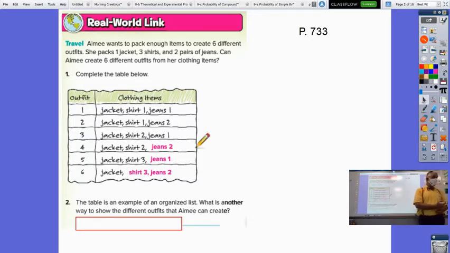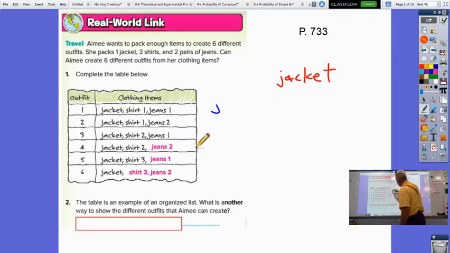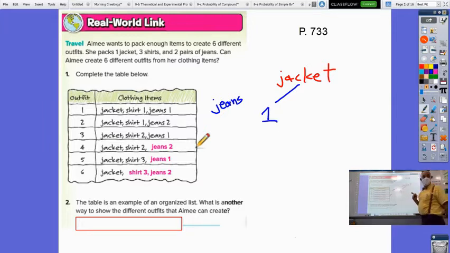doing a tree diagram. Okay, a tree diagram puts each level of choices. So first we have a jacket, which you have to have, so there's no other choices there. Then the next choice would be the jeans. Okay, so she wears the jacket and jeans 1, or the jacket and jeans 2.